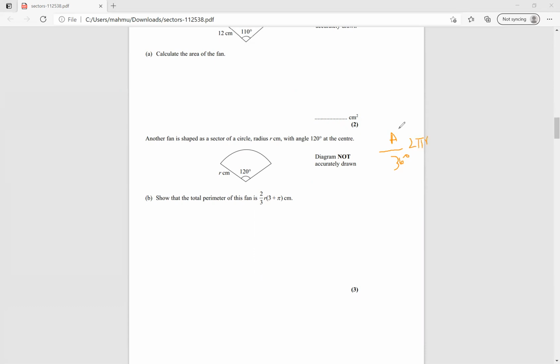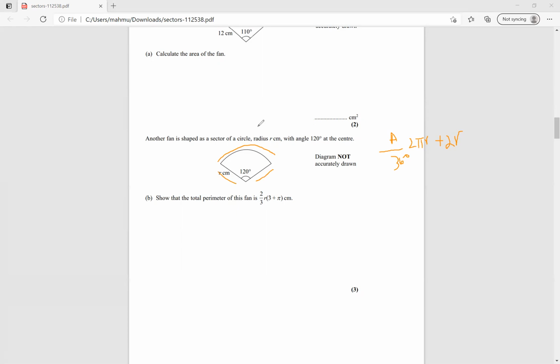That gives me the arc size. Then we add 2r, the two lengths. So then we add these two lengths. So this is to find the perimeter of an arc, right?